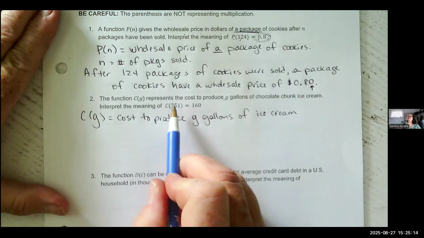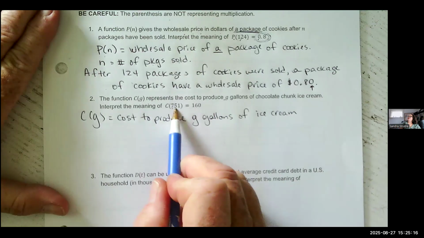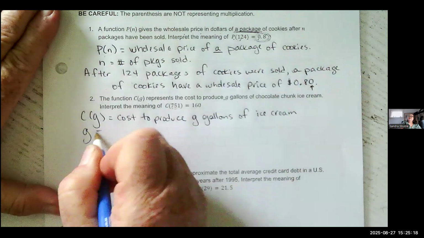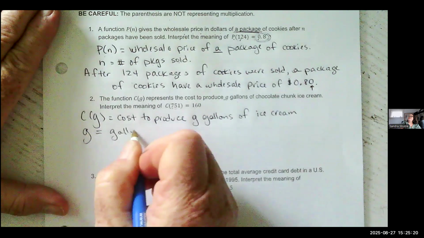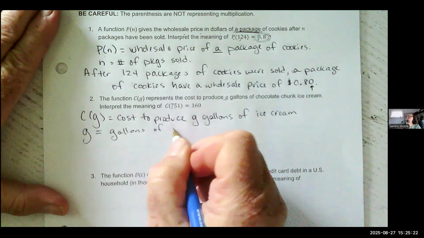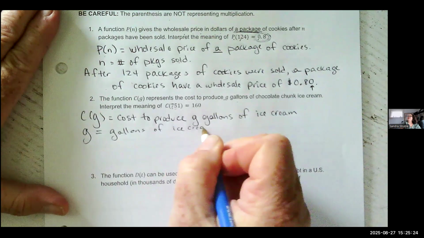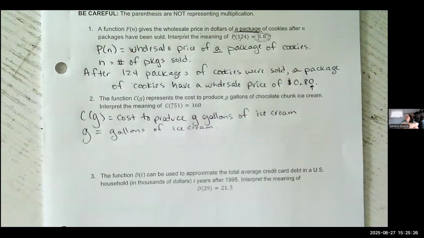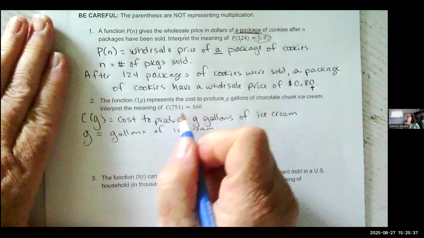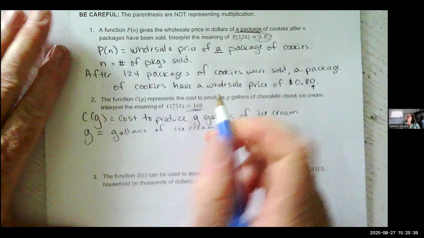G is the gallons of ice cream. I'm not going to write chocolate chunk because what if you prefer something else? So 751 gallons of ice cream were produced, and the cost is what C of G is, which is 160.